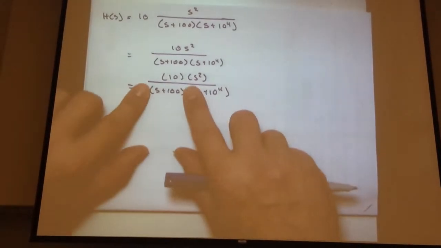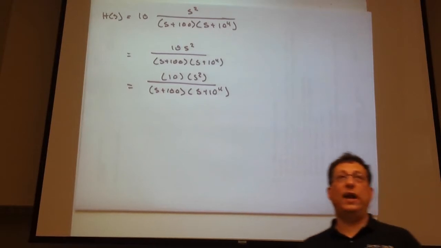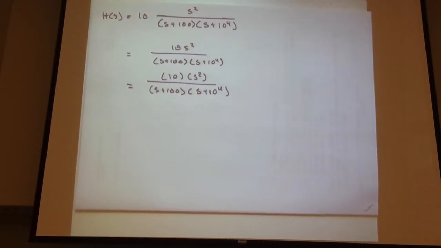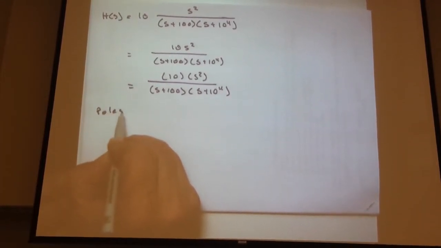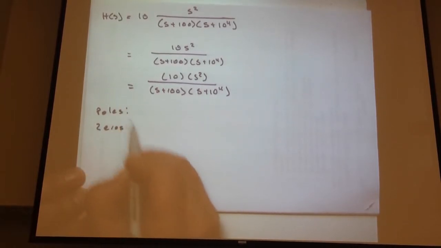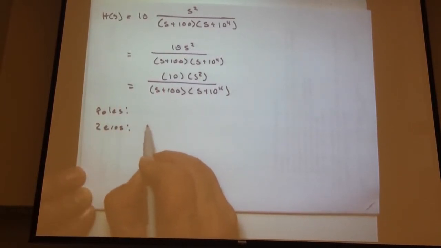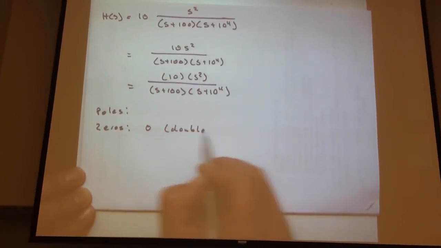The dominant term in s plus 100, well, it depends what range of values you're talking about with regard to s. And so we can find our poles and our zeros as part of our checklist. And we have a 0 at 0, which is a double zero. A double 0, sorry.